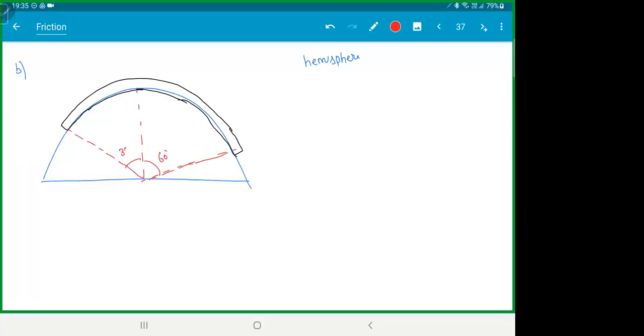This angle is 30 degrees. It is on the verge of slipping. Find mu. Let's get this. This and the previous one are quite identical. It's a hemisphere of radius r. It won't matter though, but okay.